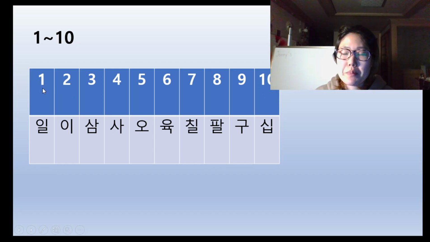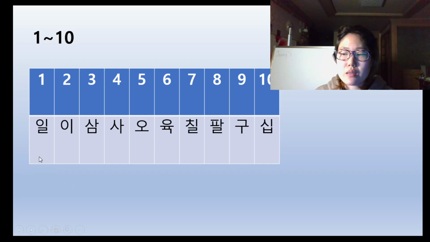Okay, one more time. One is 일, two is 이, three is 삼, four is 사, five is 오, six is 육, seven is 칠, eight is 팔, nine is 구, and ten is 십.